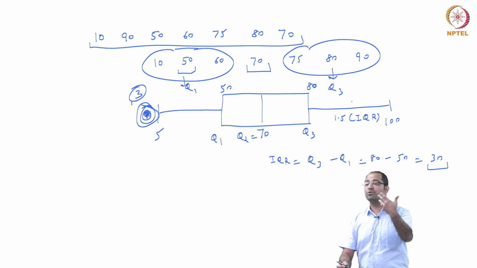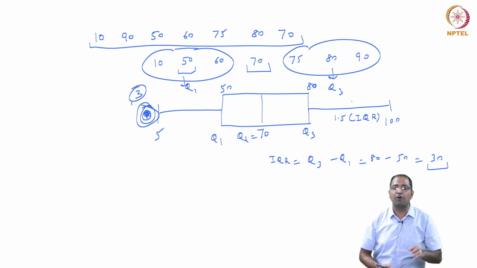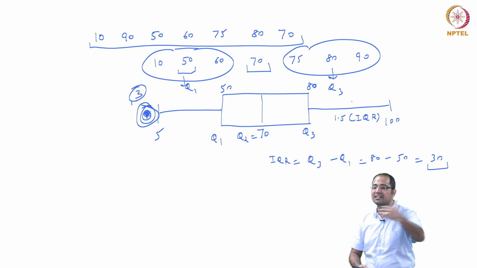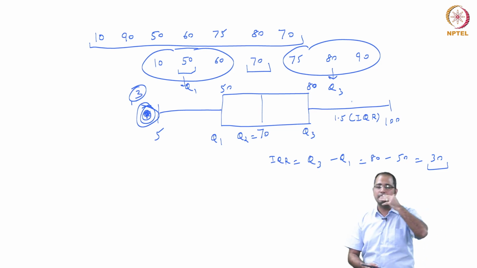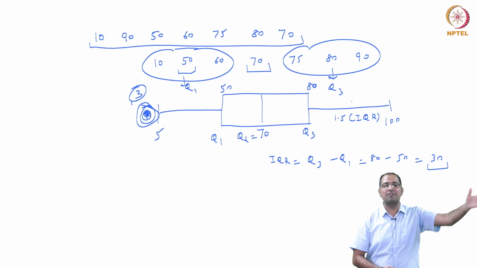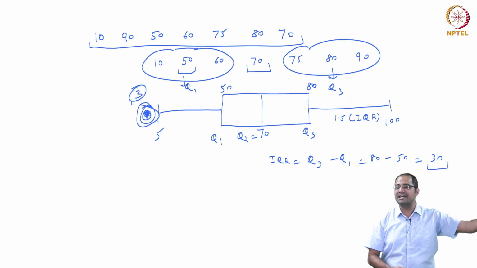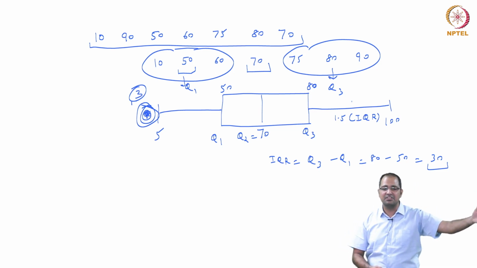Or when you are doing a market research survey, there is a respondent who has given 3 or 4 outliers when you look at the variables. So that person is a candidate for removal from the data. That will make your life easy when you are doing data analysis.